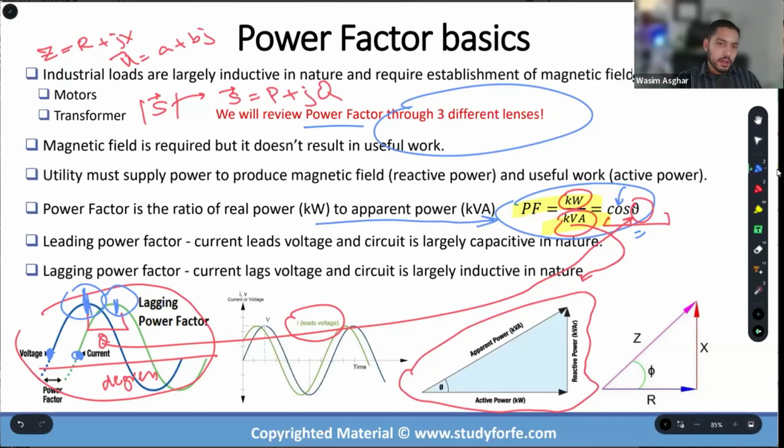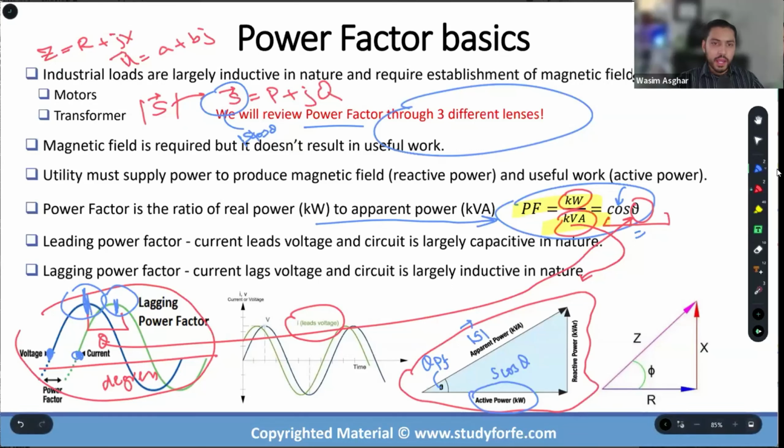So when I do a cosine on this, S cosine theta, where S is the magnitude, that basically gives me this component. This apparent power is the magnitude of my complex power. S cosine theta gives me its shadow, its projection on the x-axis. And this theta that you see over here is theta power factor.